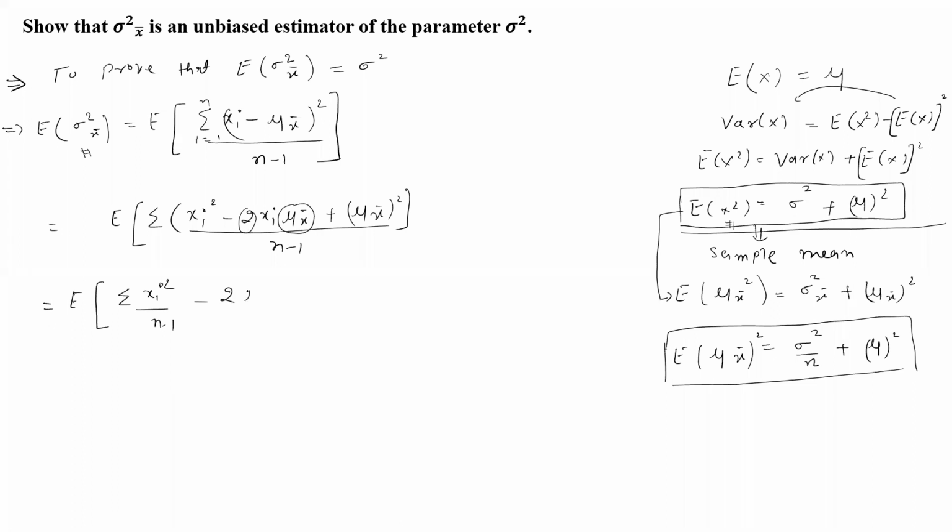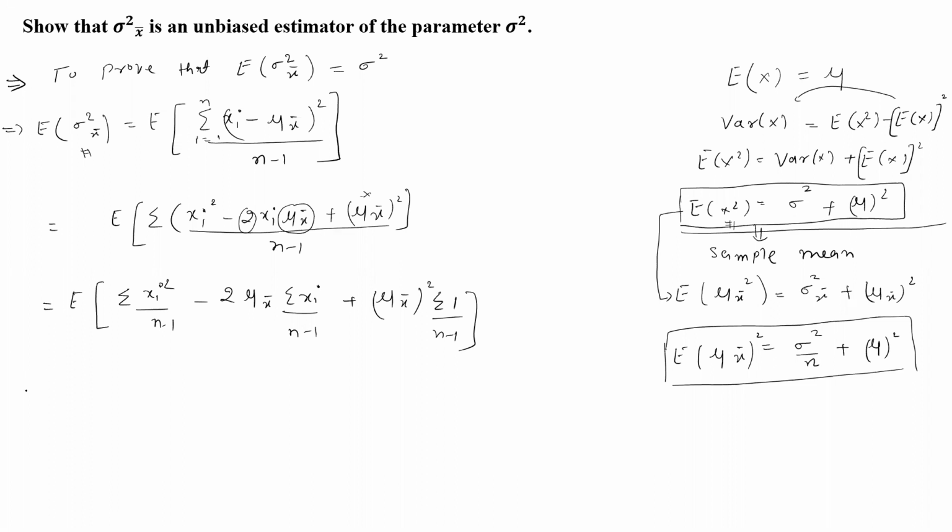So this will become 2 mu x bar, summation of remaining xi here, divided by n minus 1, plus when you take summation with this particular term, again you have mean, which is a constant term. So this will come outside and remain with summation of 1 divided by n minus 1 in this case. Constant term can always come outside the summation.